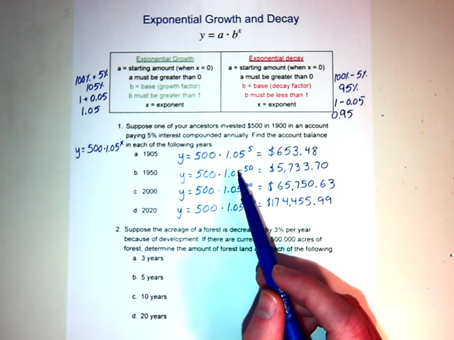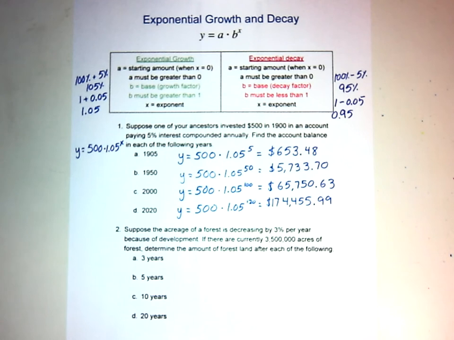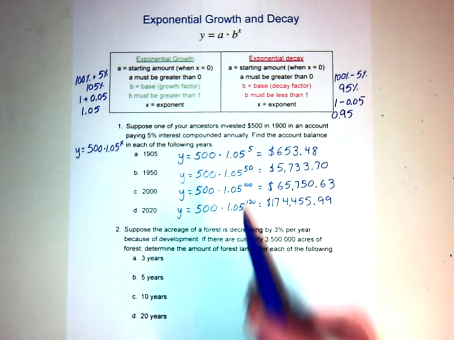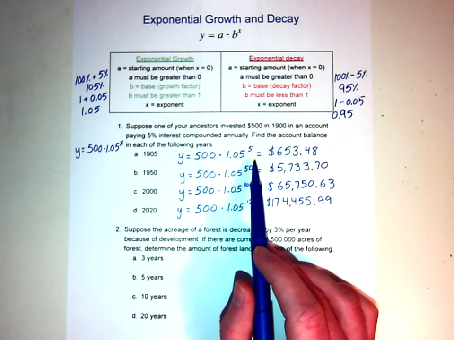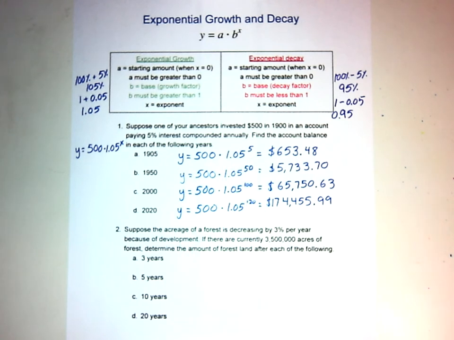I wish they did, but they don't. They're paying a very, very small percentage. So if you've got a growth factor of like 1.0005, it's going to grow much slower, but it would be exponential. It would just take hundreds or thousands of years maybe to get to that. But this one clearly shows exponential, how it grows as the exponent grows.